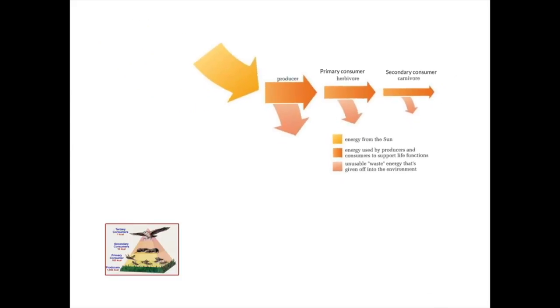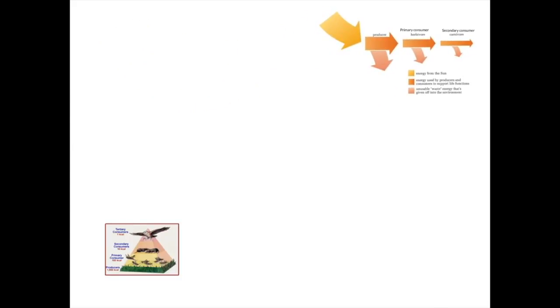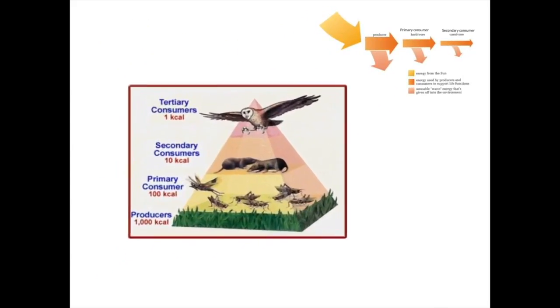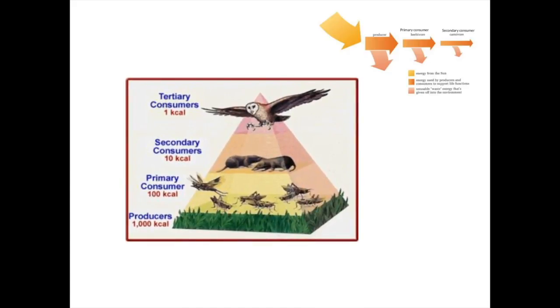Now, if we think about this energy in terms of a pyramid, we can see that it requires a lot of producers to sustain those top consumers in an ecosystem. In order to get enough energy to feed just that one owl, look at how many producers, primary and secondary consumers are consumed. See? Don't you wish you could make your own food?